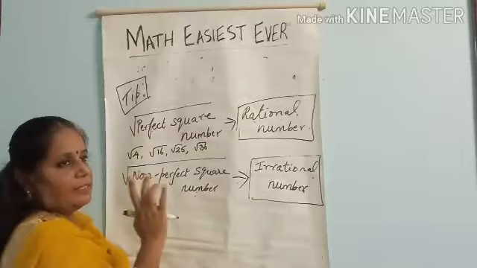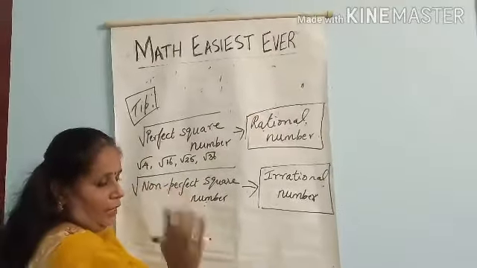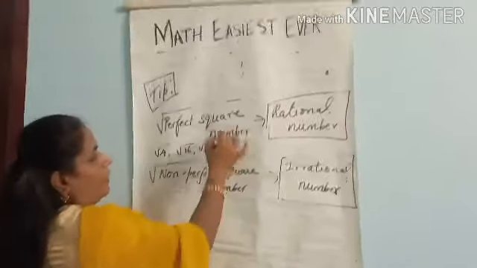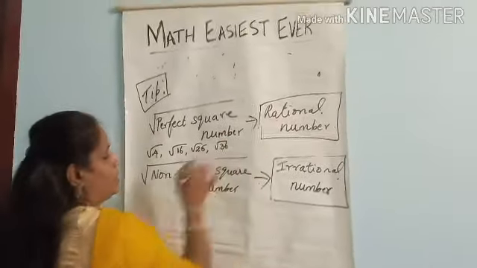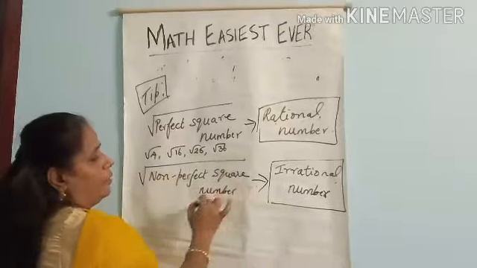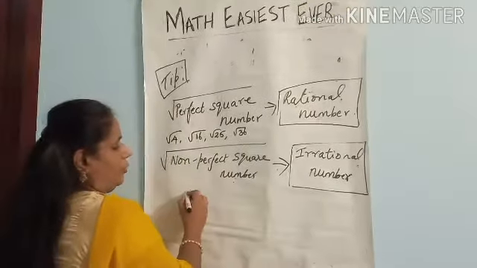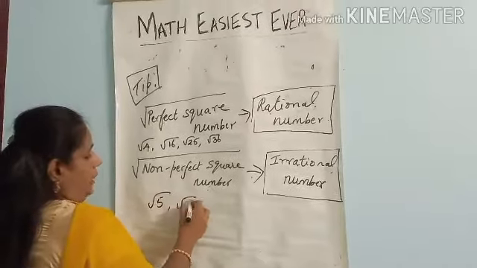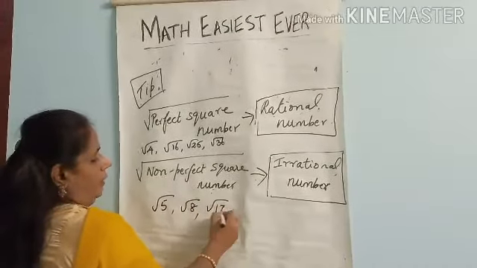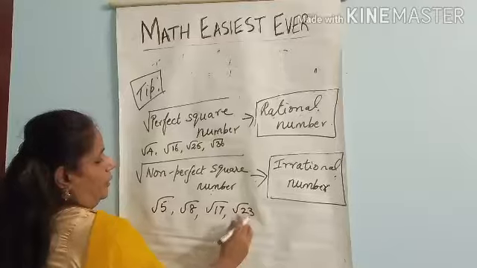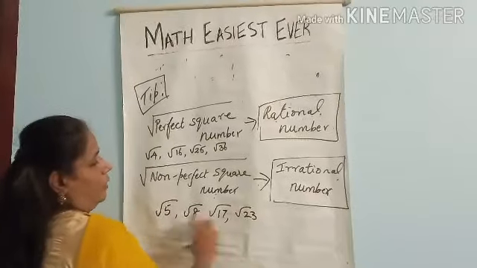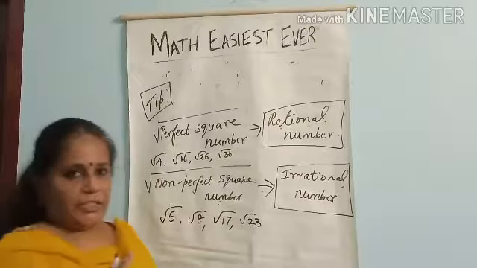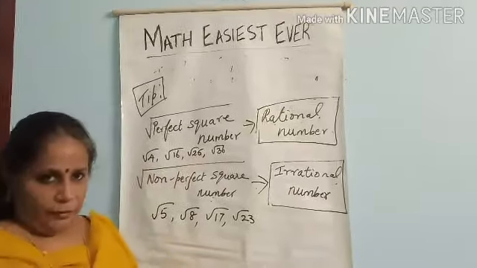This is the main difference. Non-perfect squares like 5, 8, 17, 23, like that, their square roots are irrational numbers.